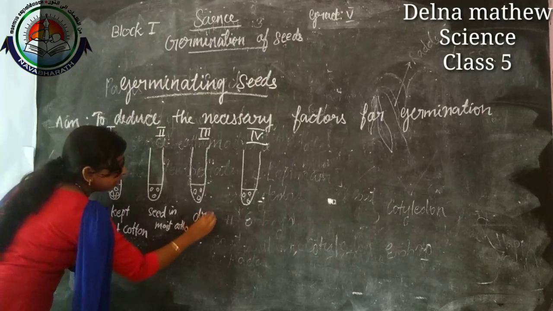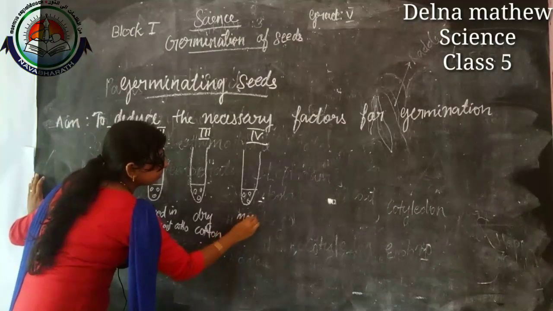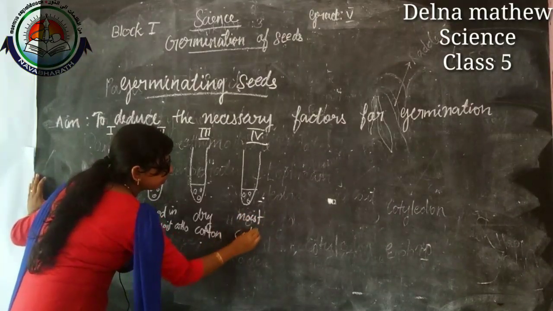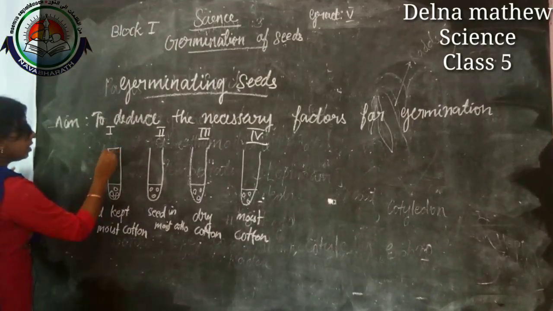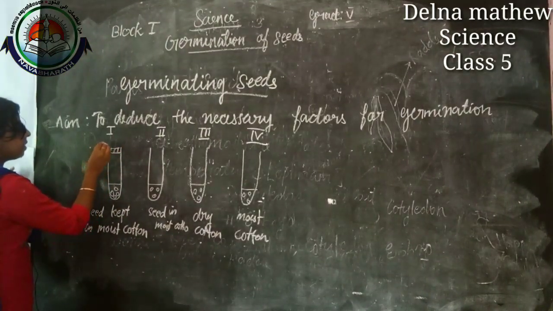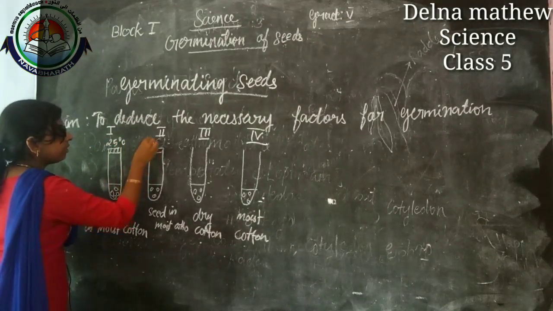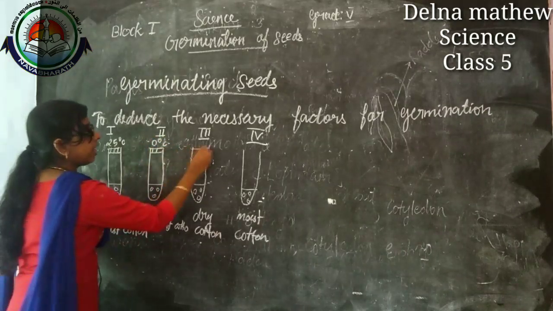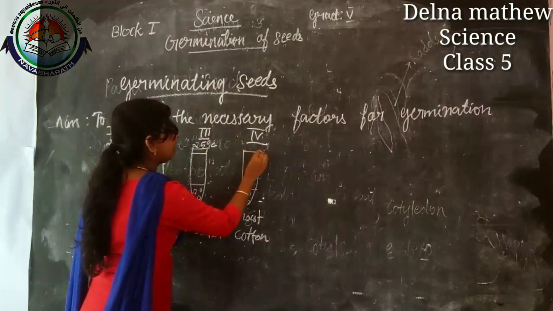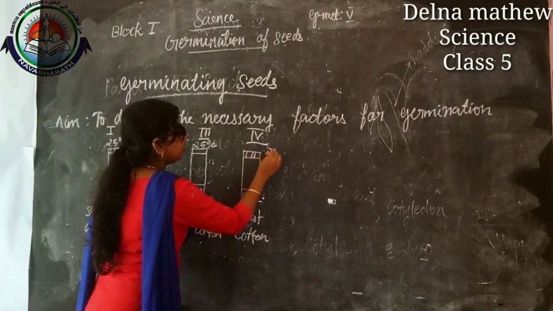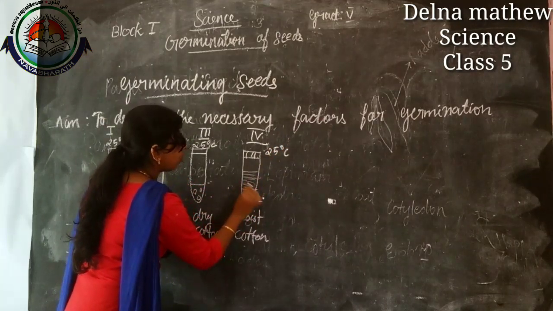Here we kept it in dry cotton. Here also moist cotton. In the first test tube we are providing a temperature of 25 degrees Celsius. Here we are giving 0 degrees Celsius, and here we are giving 25 degrees Celsius, and here also 25 degrees Celsius, and here we just add some boiled water also.